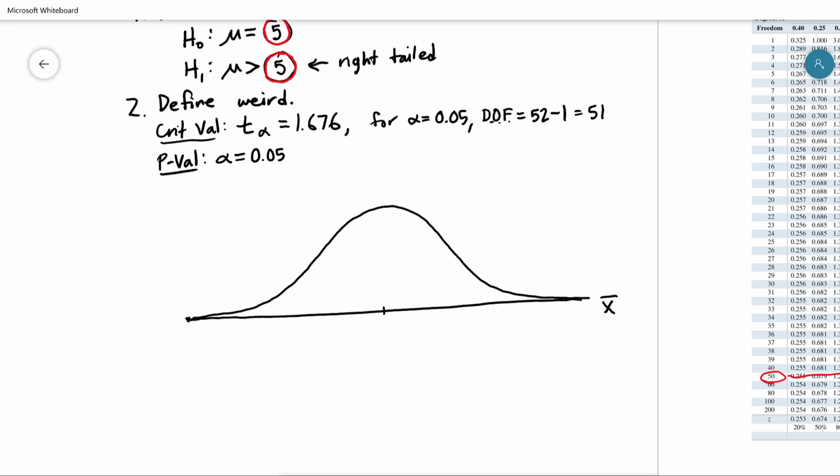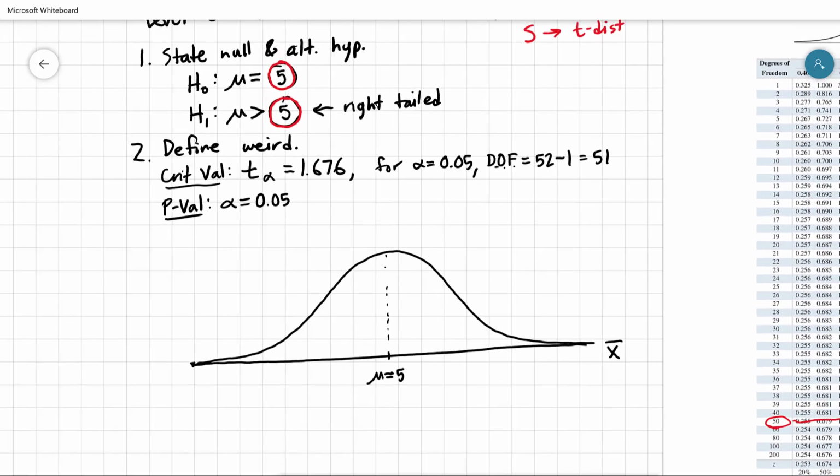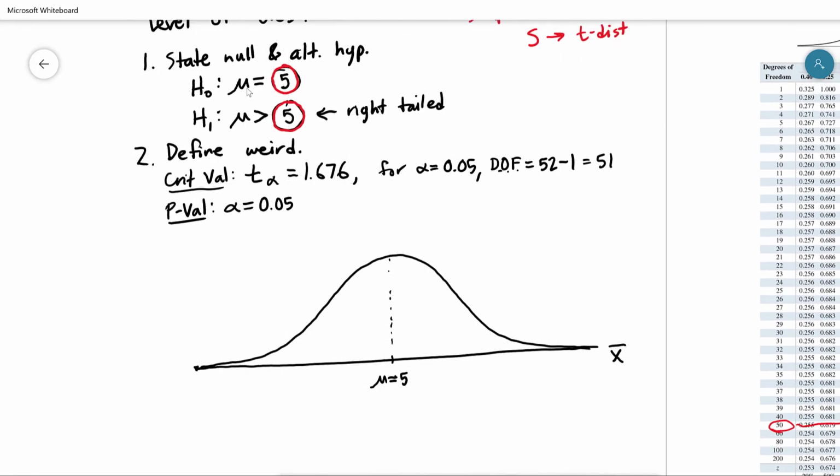We are assuming that our average value sitting right here in the center of this curve is the one that is our null hypothesis. We're assuming that this is mu equals 5. That's literally what we assumed in our null hypothesis, is that the average of our sampling distribution curve is at 5. And we're interested in figuring out where that 5.8 is going to fall.